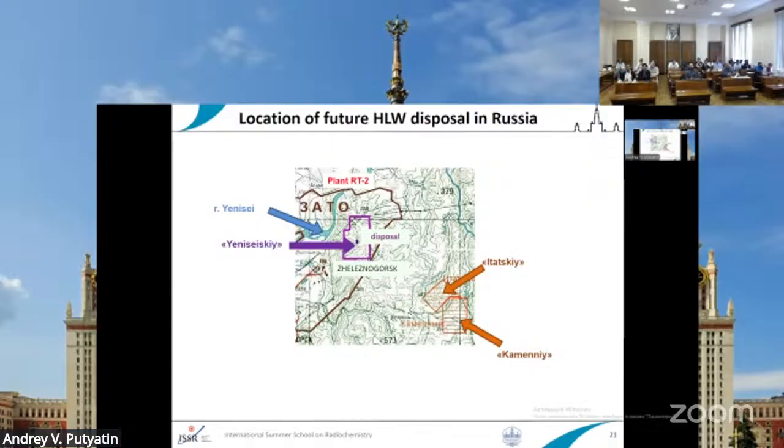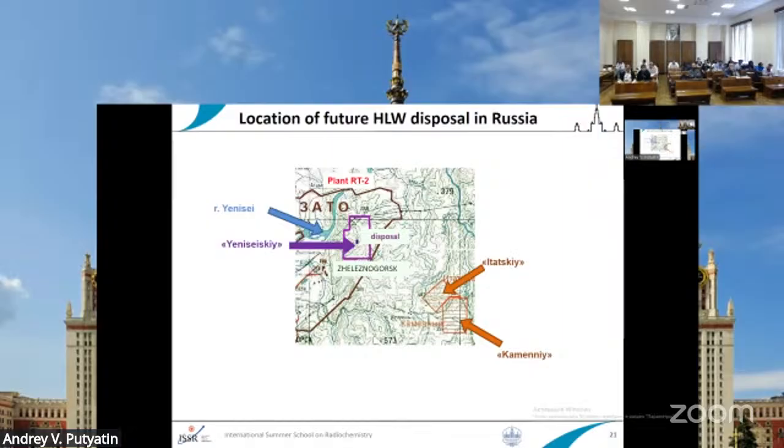Previously, two other sites were also under consideration, Kamenny and Itatsky, but due to some transportation problems, the final decision was for the Yeniseiski site, for several reasons. One reason is that it is already located inside the closed territory, so there is no need for additional security.